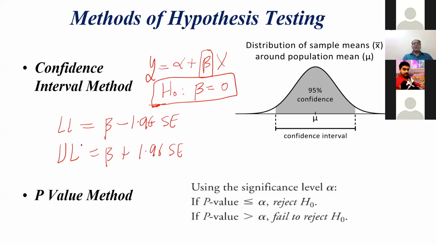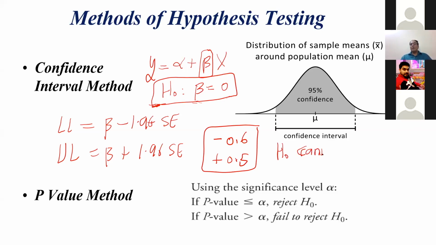Suppose my lower limit and upper limit are minus 0.6 to 0.5. This interval is saying that 0 is coming in between. You can see that beta equal to 0 lies within this range. So my conclusion is that the null hypothesis is accepted. No, sorry, it cannot be rejected. So I will write cannot be rejected.